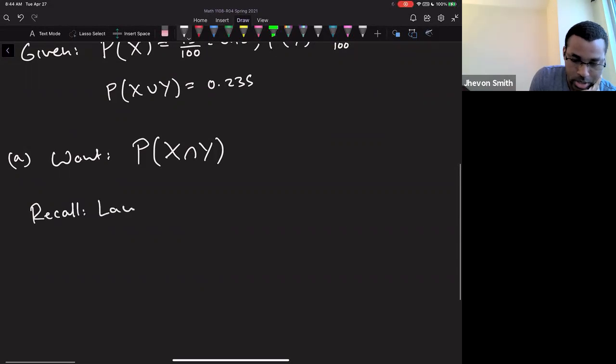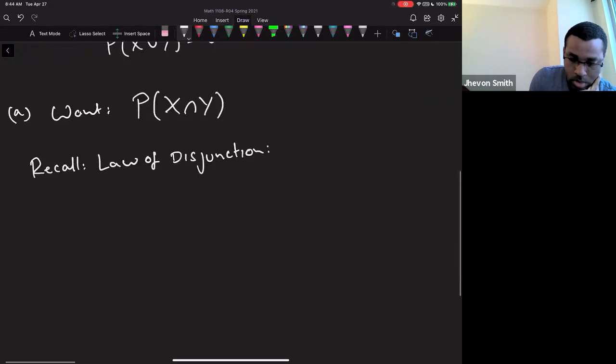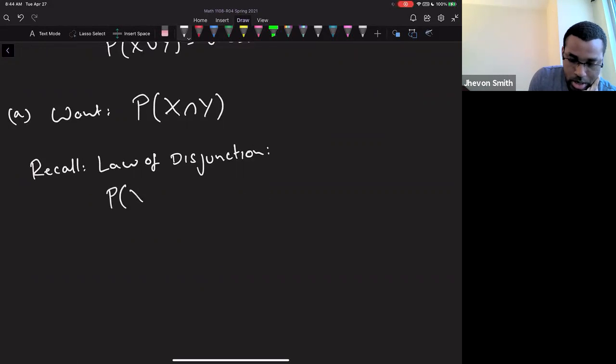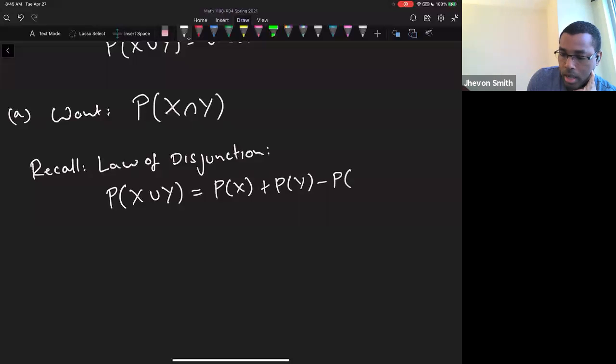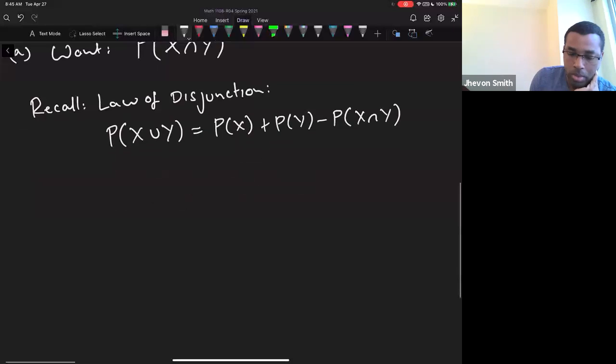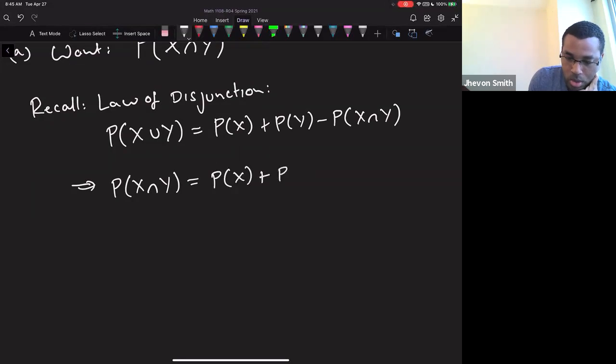What is called the law of disjunction, which we proved using the inclusion exclusion principle, tells you that the probability of X or Y is the probability of X plus the probability of Y minus the probability of X and Y. So you can find the probability of X and Y by solving for that in this formula. Bring it to the left side and bring the or to the right side.